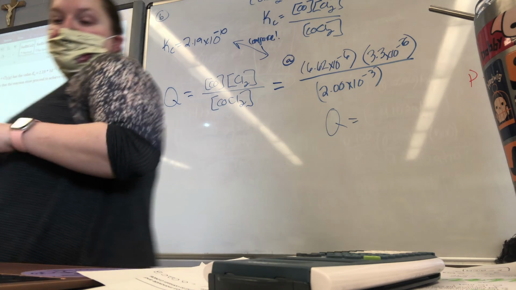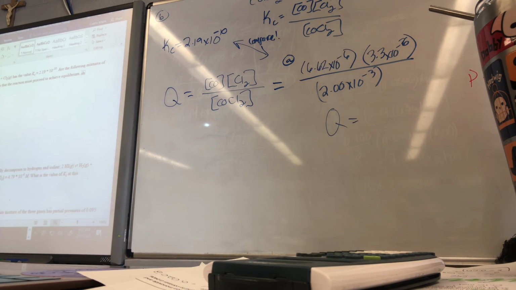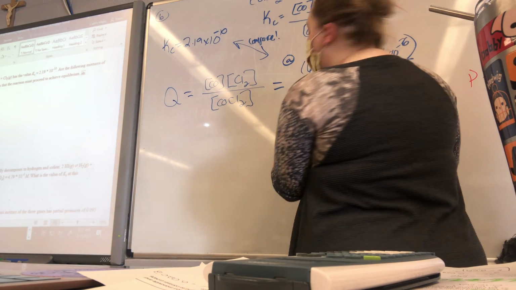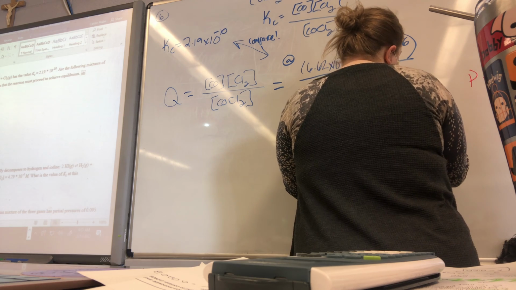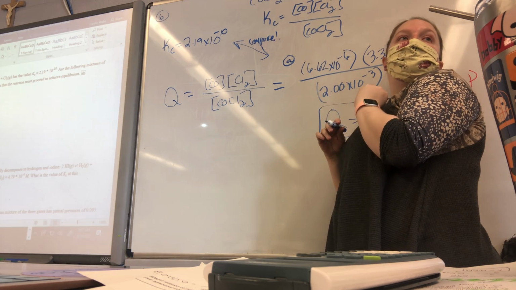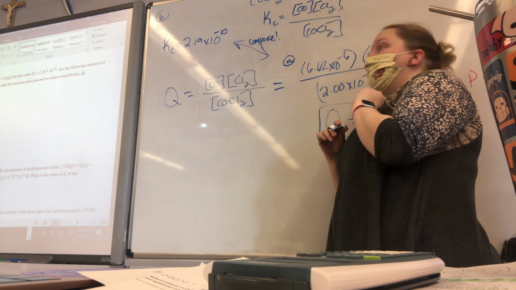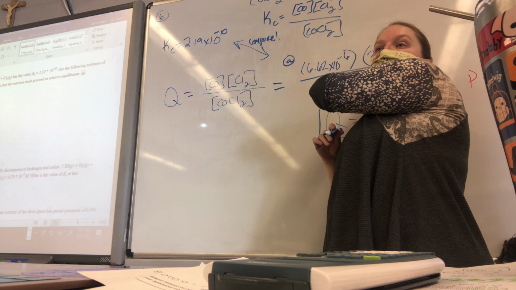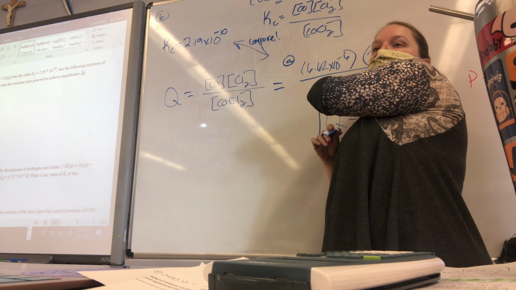They're small. What'd you get? 1.0923 times 10 to the negative 8.